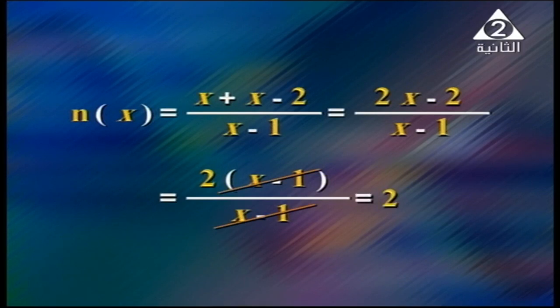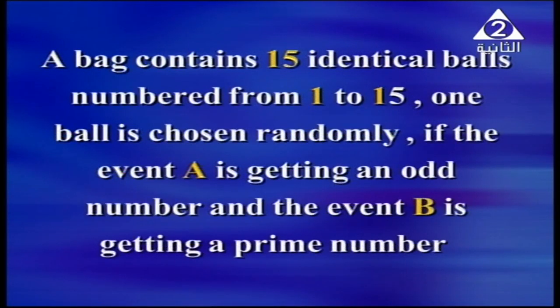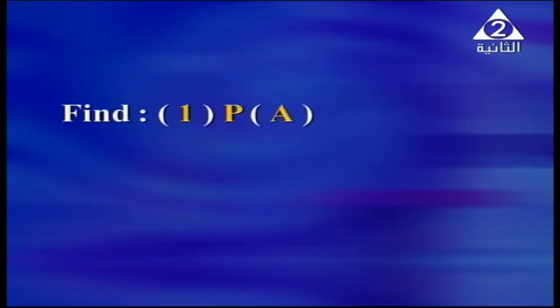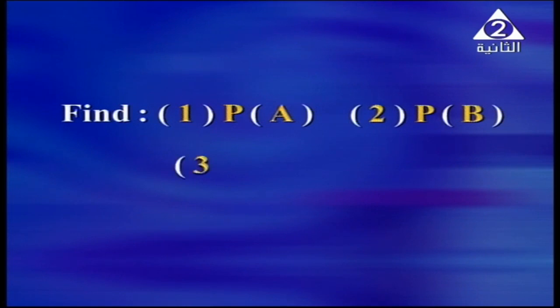Another example. A bag contains 15 identical balls, numbered from 1 to 15. One ball is chosen randomly. If the event A is getting an odd number and the event B is getting a prime number, then find first probability of A, second probability of B, and third probability of A minus B. At the very beginning, what about A?